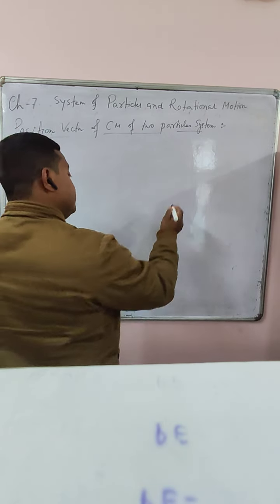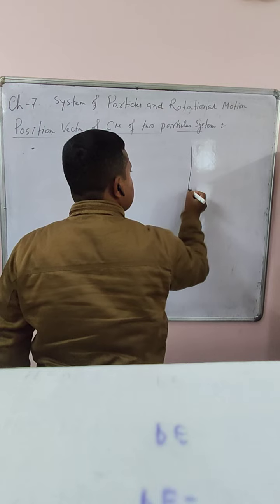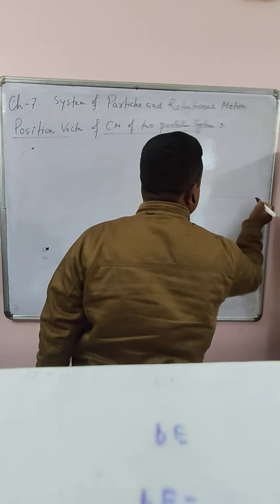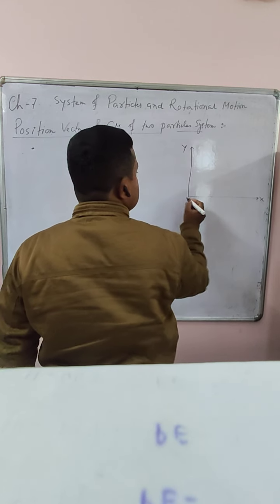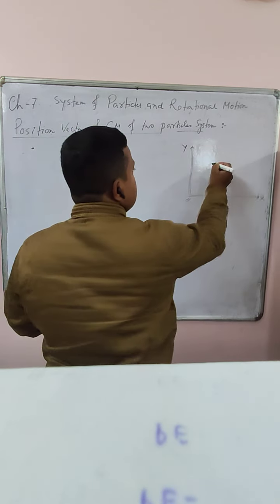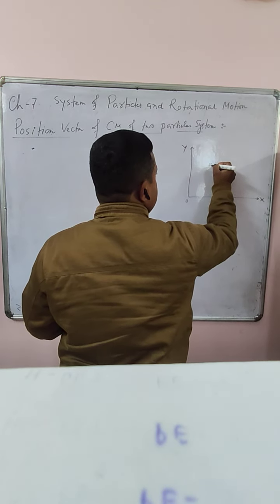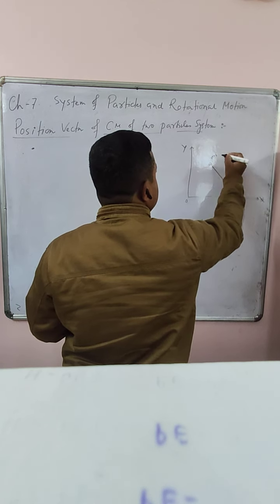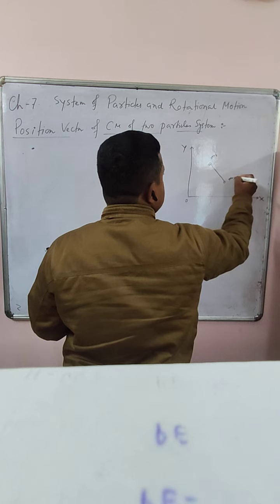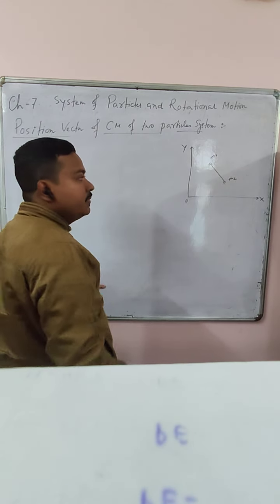So consider a two particle system. Suppose this is the x-axis, this is the y-axis. This system consists of two masses, m1 and m2.